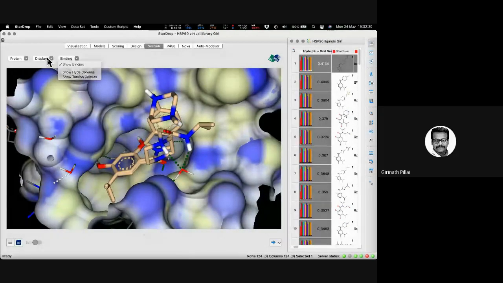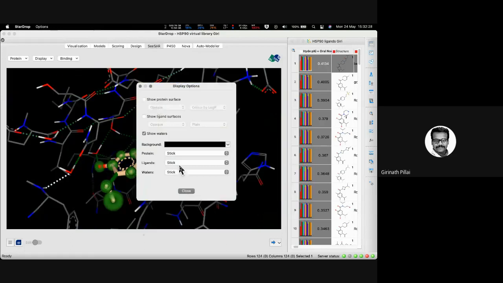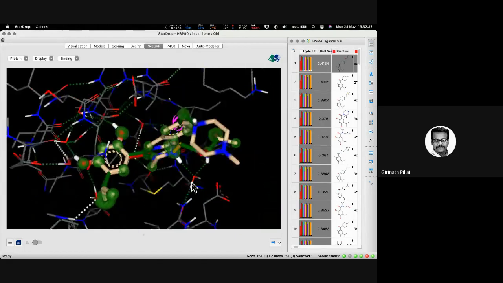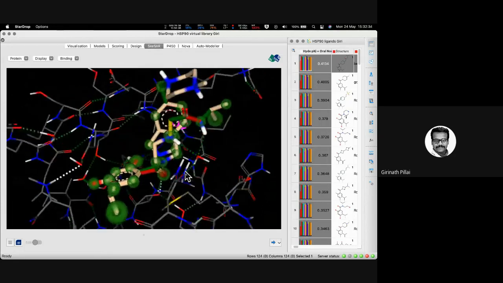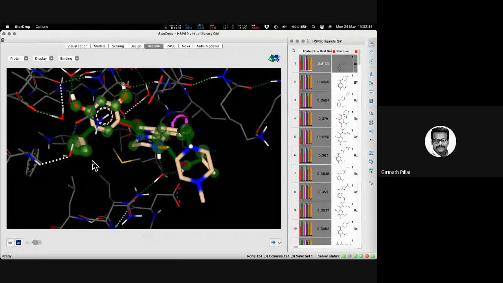Let me switch off the surface. Just a second. Yeah, this should give you a little more idea. Yeah. So here, when you do analysis, you can see some green balls surrounding the atoms. The green balls are trying to tell you whether that particular atom is highly contributing to your affinity or interaction.